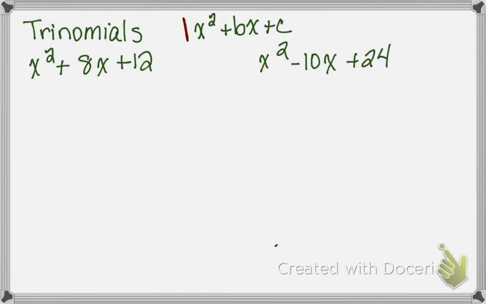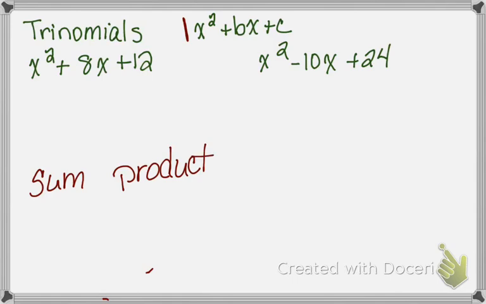So when we factor these, we are looking at the sum and we are looking at the product. Our sum is always the b value. And our b value here is that 8. Your b value is what is in front of your x to the first power.